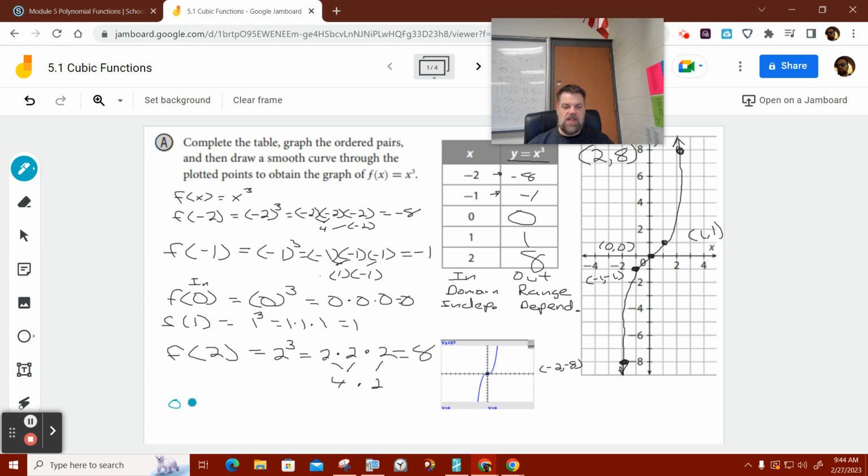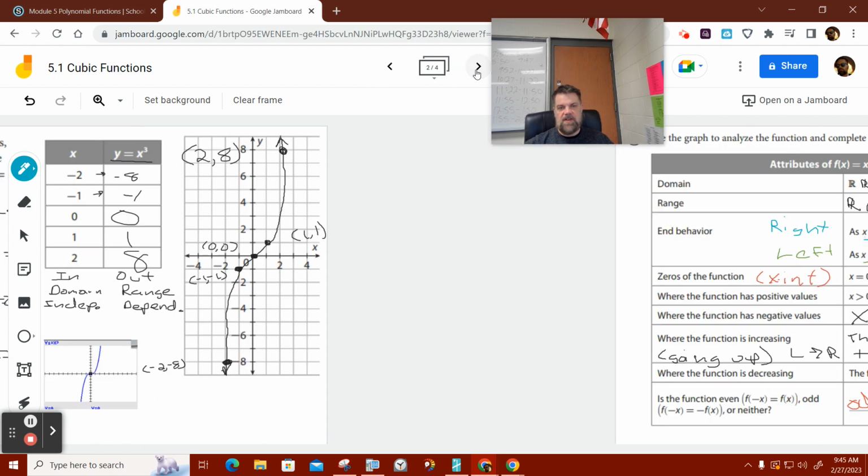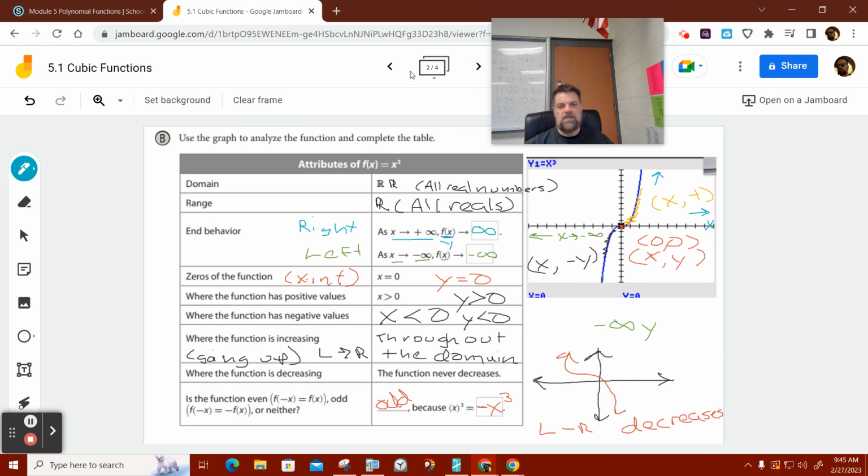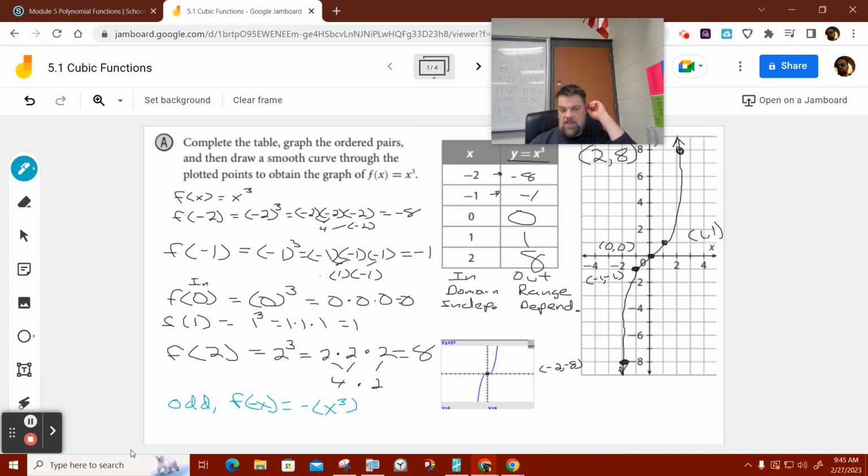For an odd function, if I say f of x equals, well, actually you're supposed to say f of negative x equals negative f of x, but I'm going to use the actual function. So what they're saying is when I plug in a negative value, it's going to be the opposite of what it is for the positive value.